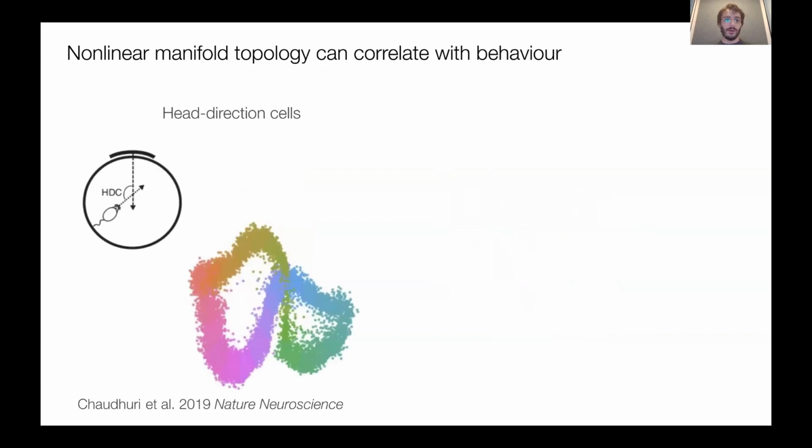And so these nonlinear manifold discovery methods have been applied to many different types of data. So for example, in the head direction system, there are cells that represent where the animal is facing. So here they applied a nonlinear dimensional reduction method that I won't describe, and then color-coded the points according to where the animal was heading, and they found that the circle was encoding the direction of the animal.